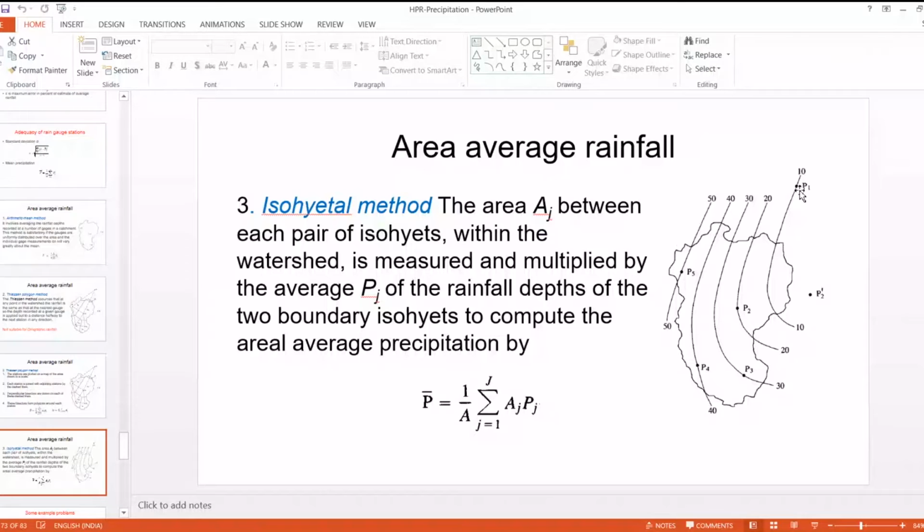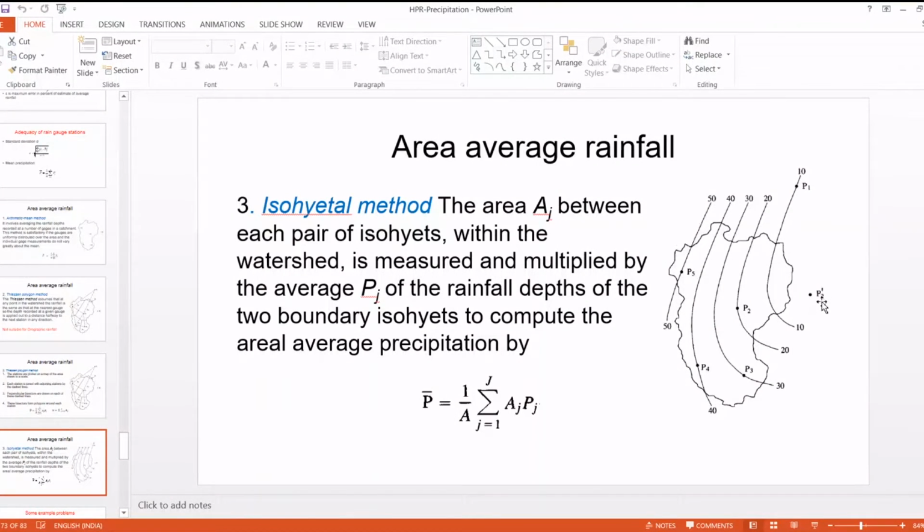So this catchment area is drawn with isohyets. Okay, so these are all isohyets. These are nothing but contours of the same rainfall. How can we draw them?